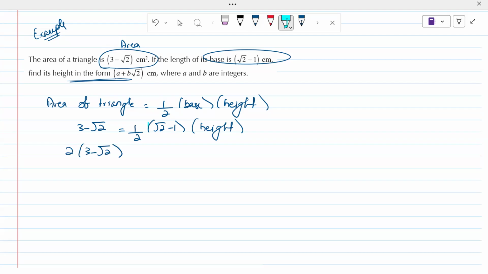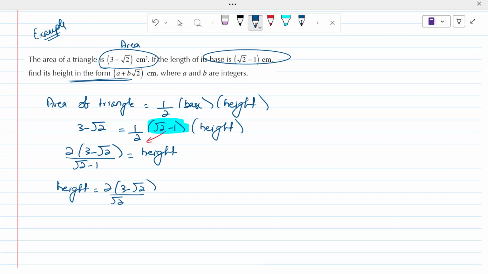And then this under root 2 minus 1 has to go into division when it goes to the other side, leaving height on the other side. To keep it simple, we can write this as height equals 2 into 3 minus root 2 upon root 2 minus 1.